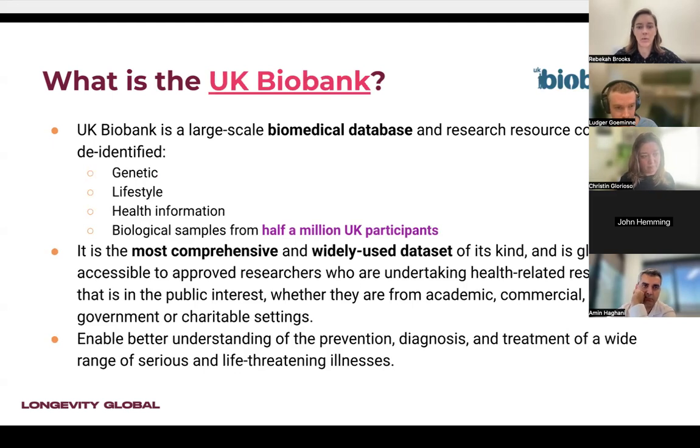It's one of the most comprehensive and widely used data sets because of how expansive it is. In 2023, Amgen was able to do plasma proteomics for this database, and that is the data set that was used for this paper to dig into plasma proteome clocks.